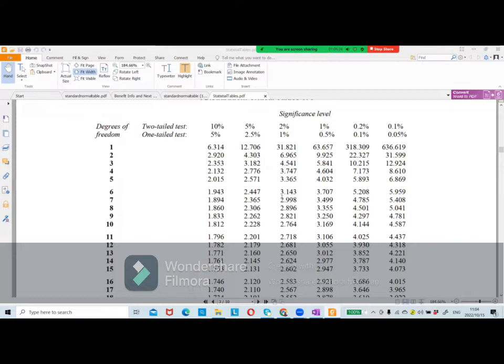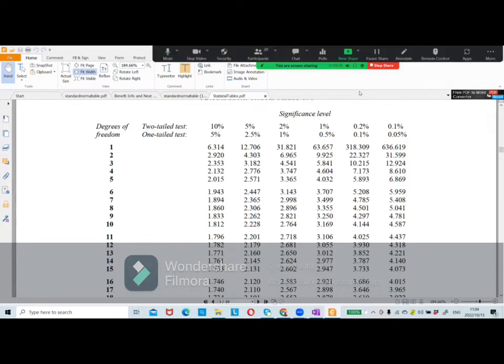So I want to see the way we are going to get this one. What is the value? Some of us don't have the table. Do you have the table? Okay, can you see my downloaded table? It's there on the screen. Yes, sir.